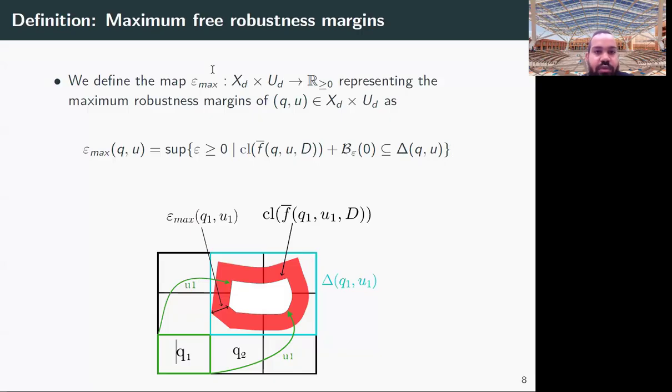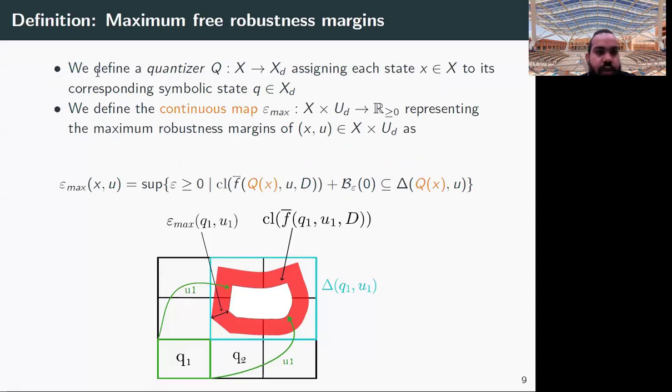So now we have defined this robustness margin, but we have defined it in the discrete world. So we need to transform it to the continuous world. To do that, we define a quantizer that assigns to each state X, which is a continuous state, its corresponding symbolic state Q. From this, we can define a continuous map, epsilon max, that works on the continuous space X and represents the maximum robustness margin for any X and U in X and U_d.